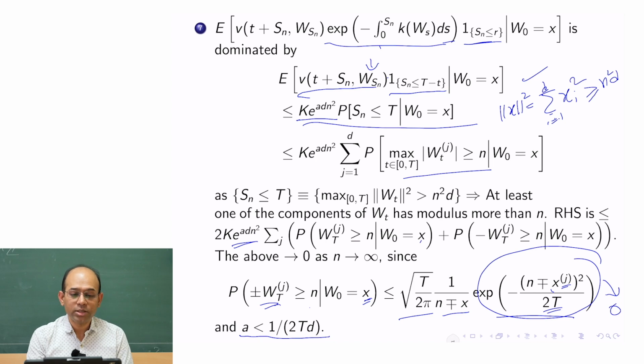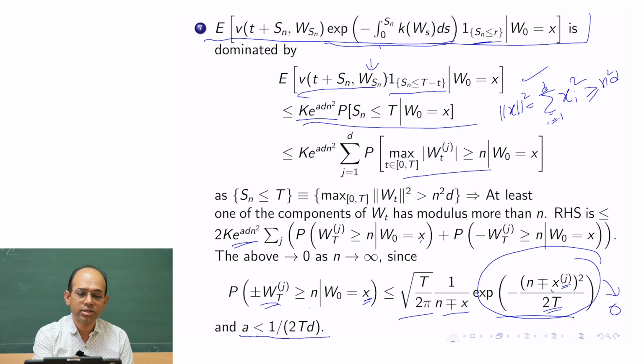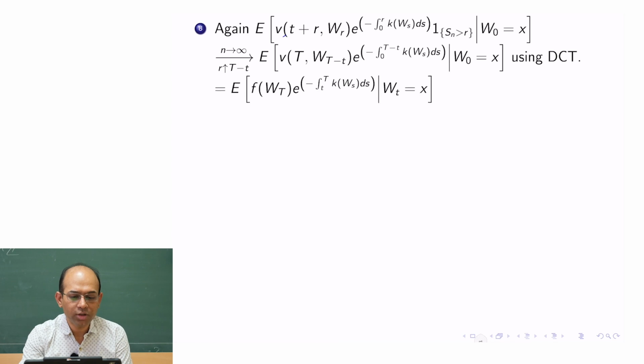So what does it mean? It means that the expression in bullet 7, this expectation, goes to 0 as n tends to infinity. Now the expectation of v of t plus r, W_r, e to the power of minus the integral from 0 to r of k(W_s) ds, times the indicator of S_n greater than r.